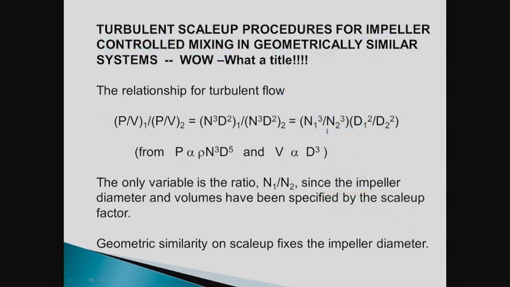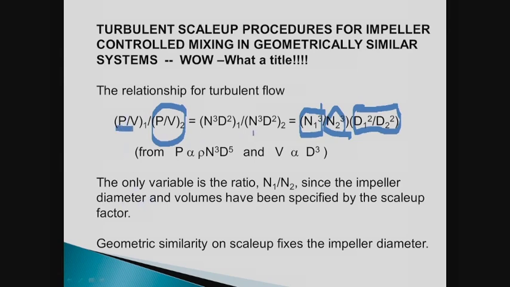So when it comes right down to it, on scale-up, we have what size we're going to. So typically we have that ratio. We usually know what D2 is. And we know what N1 is. So if we can figure out what N2 is, everything will be fine, because then we can specify power per volume for scale 2.